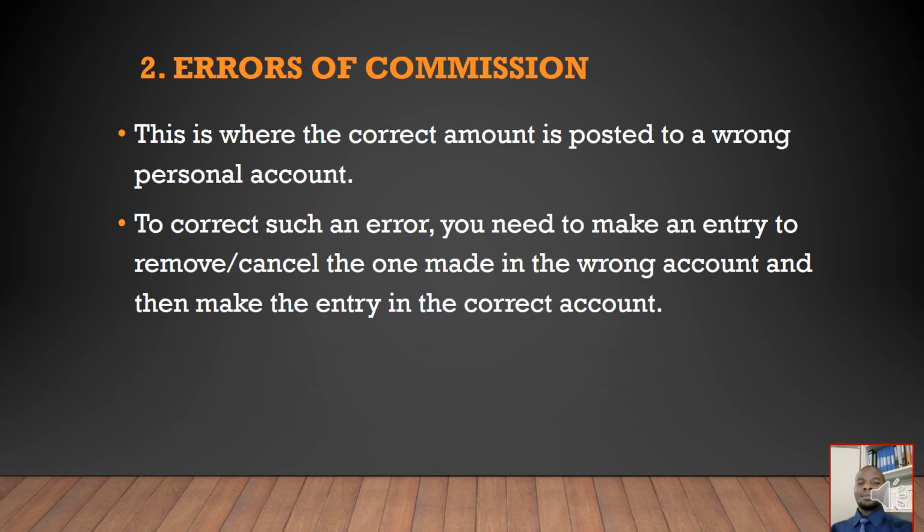Now, to correct an error of commission, all you need to do is make an entry to remove or cancel the one made in the wrong account and then make the entry in the correct account. So how should this be done? Let's take a look at the question and then identify how this should be done.